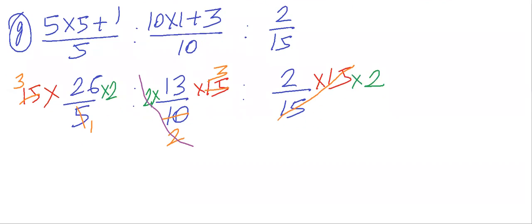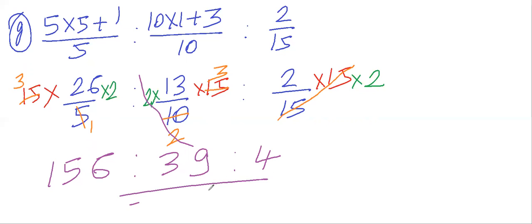Next I have to multiply. 3 2s are 6, and 6 into 26 is 156. So this will be your 156. And then is to 2, here it is 13 into 3, which will be 39. 2 into 2 is 4.